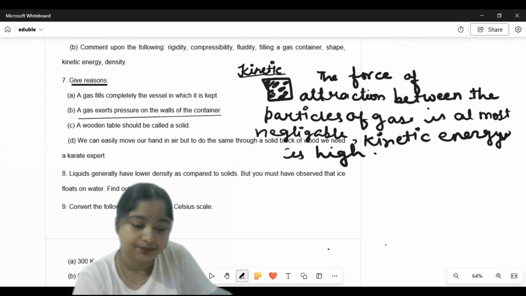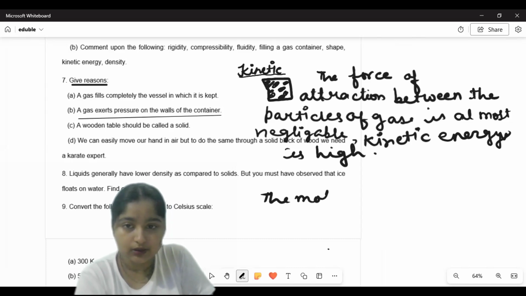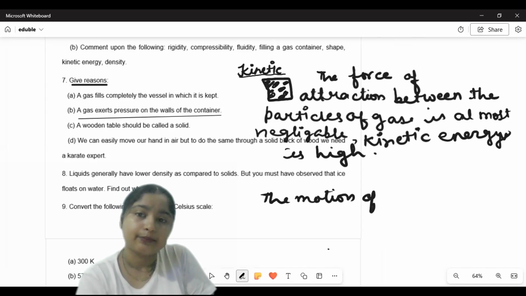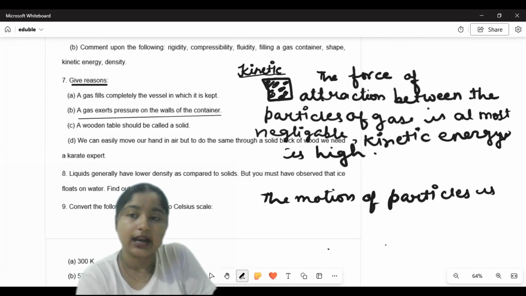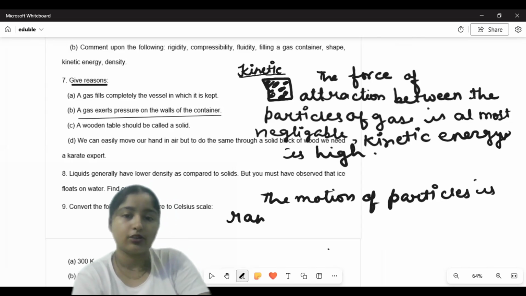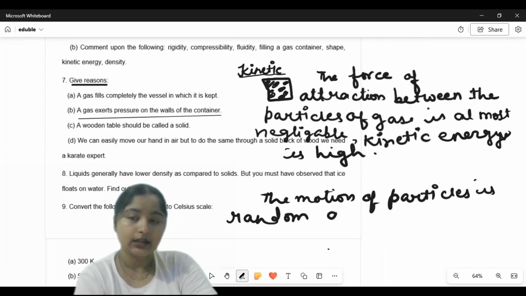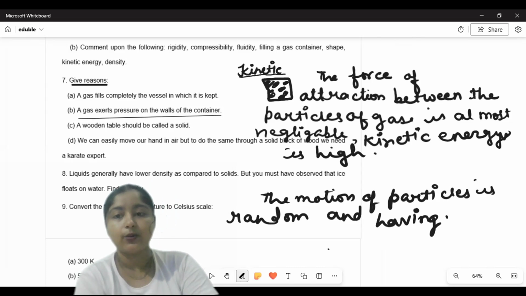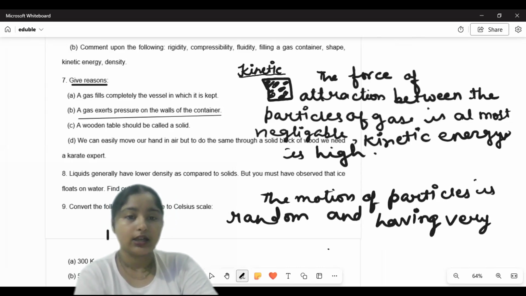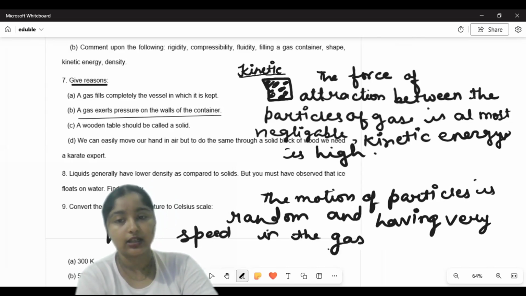So you can say that the motion of particles is random and has very high speed in the gaseous state.